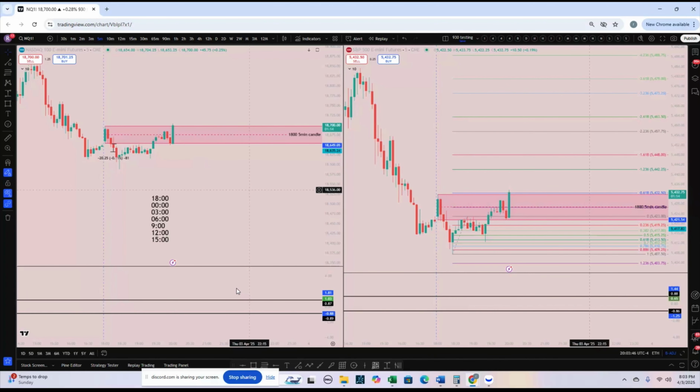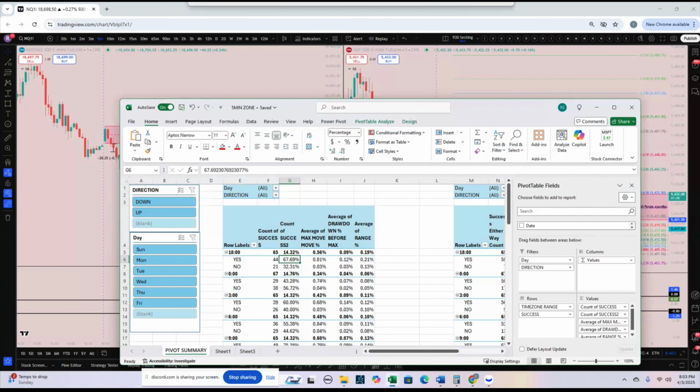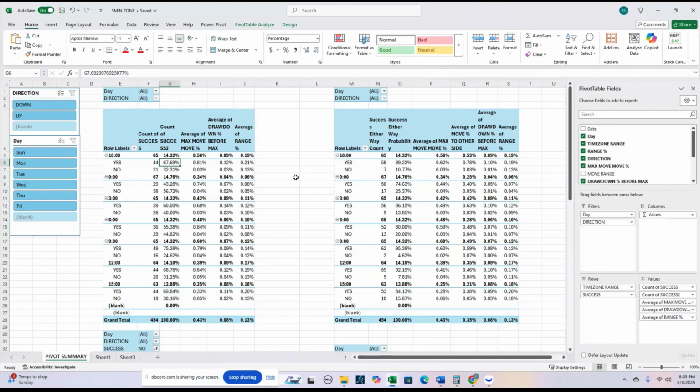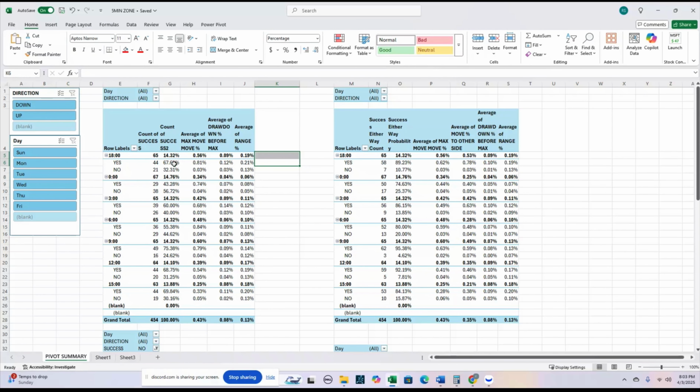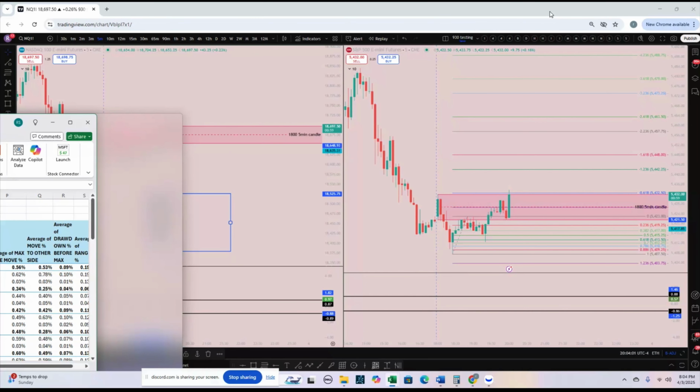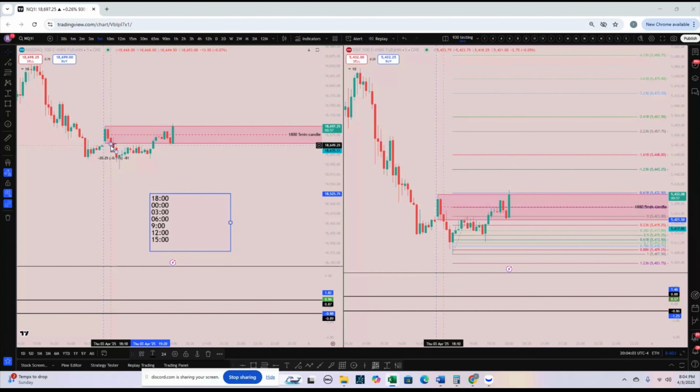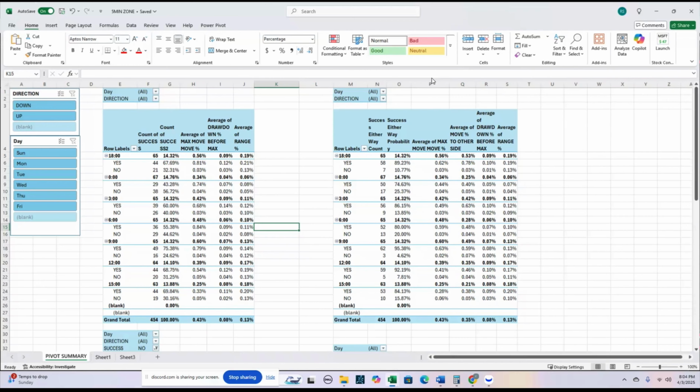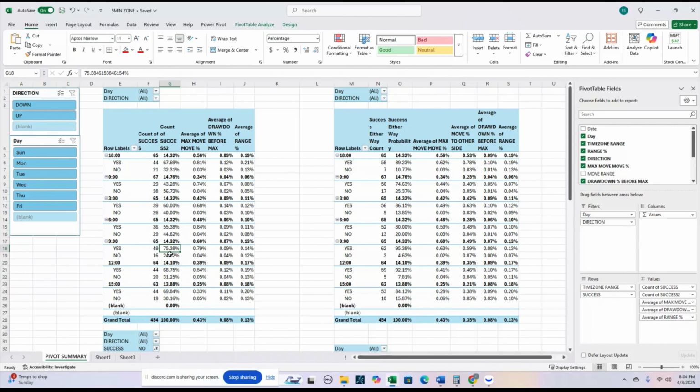20 points on NQ is $40 per micro, $400 per minute, right? What I'm looking for is to see how often we do it. If we take the first one, which would be a close either below or above, how often do we get there on the first try? You have certain time frames that have higher percentages.